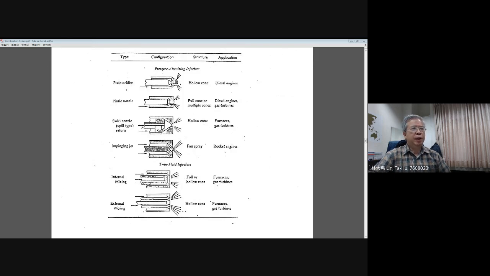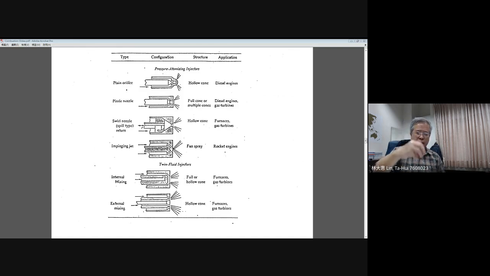Now, typically the pressure atomizing injector can be found in four types. The first one we call the plain orifice. This is the easier one, and you can see there is just a plug. When you move the plug, you allow the liquid to come out through the tip of the injector. Depending on the holes distributed on the tip surface of your injector, you can produce a so-called hollow cone.